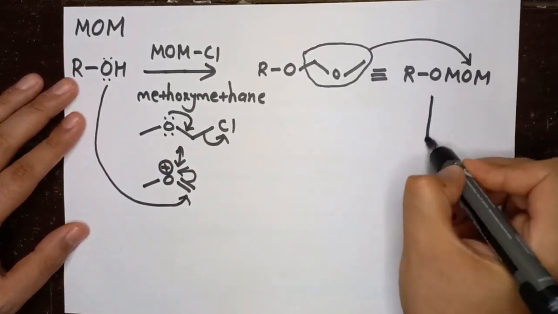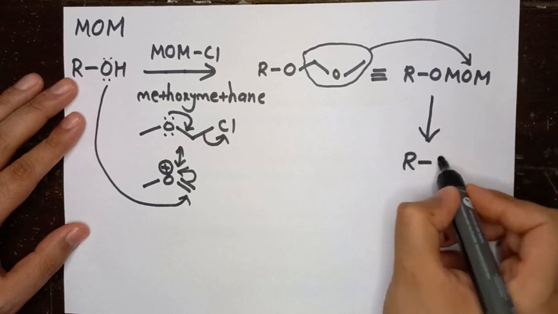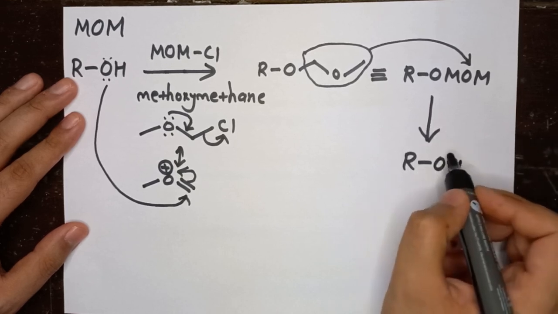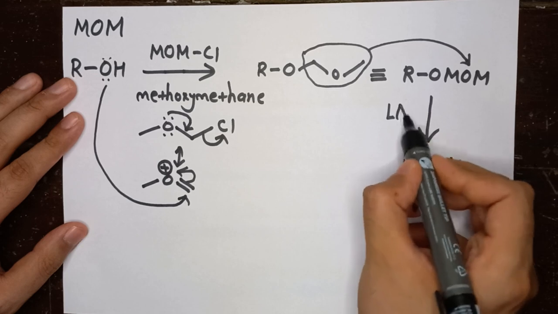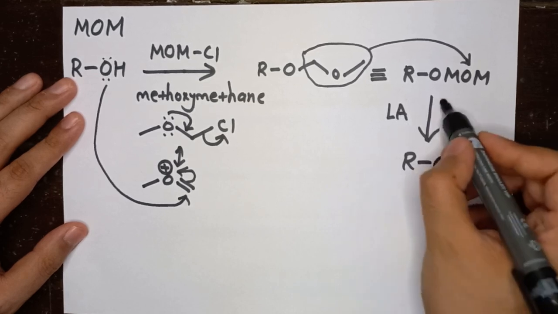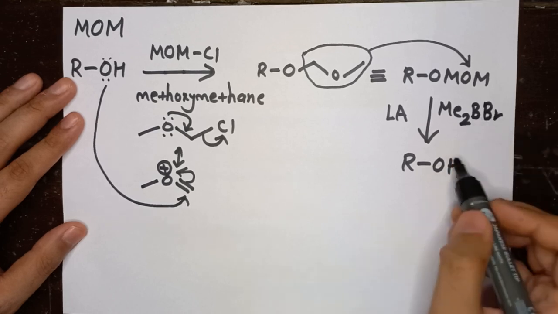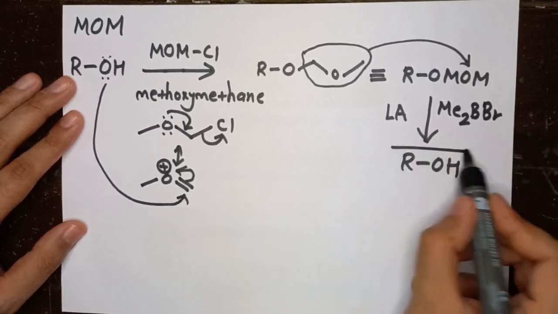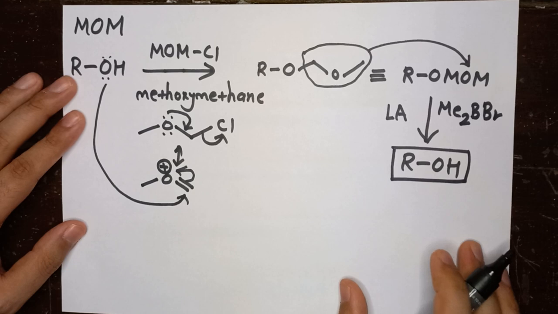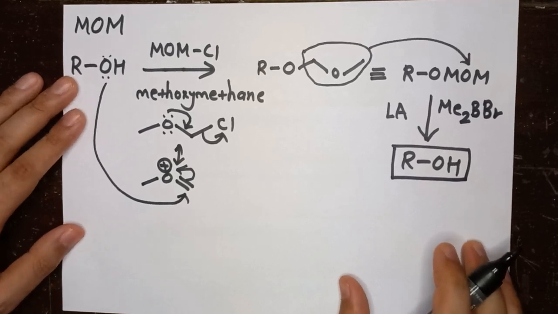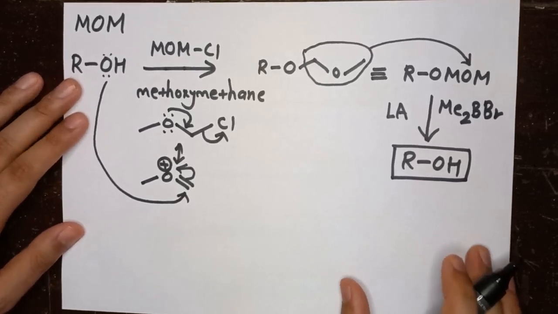If I want to deprotect and I want to get back my alcohol group, I have to use a Lewis acid, like this particular boron reagent, and you will be able to generate the alcohol functional group. So what is the deprotection mechanism?